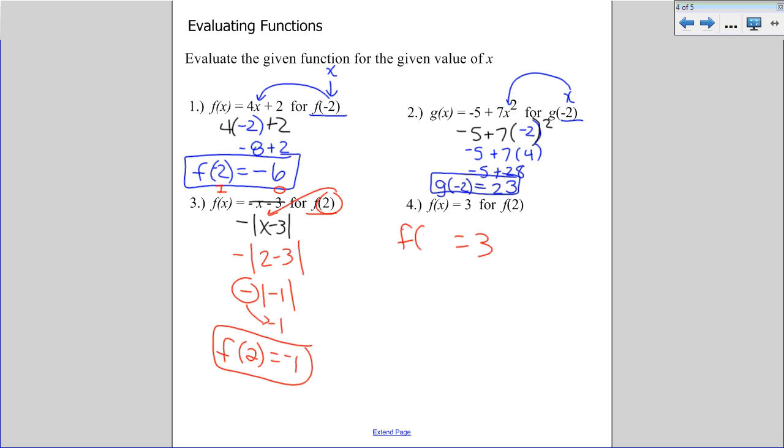F at 2 equals 3. If there's nothing to plug in for x, guys, this is just going to be a constant. And so that means f of 2 is going to be 3. F of 4 is going to be 3. F of negative 100 is going to be 3. Okay? But this left-hand side is simply your function notation.